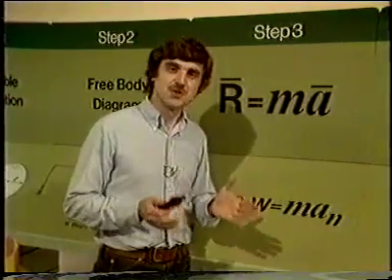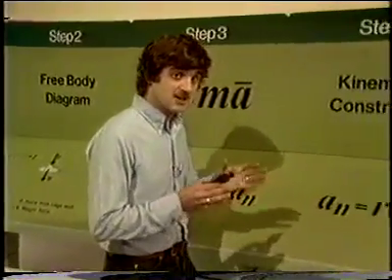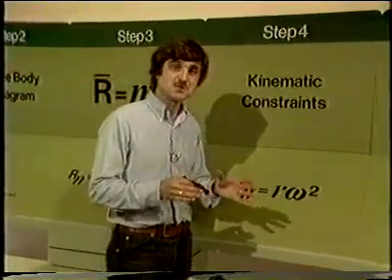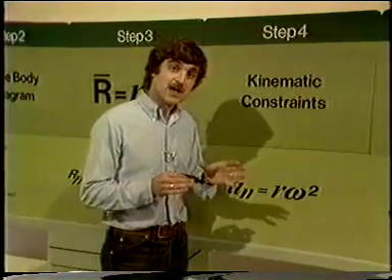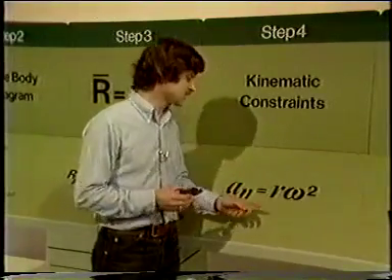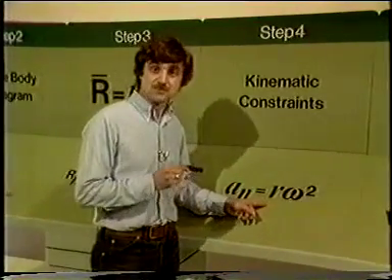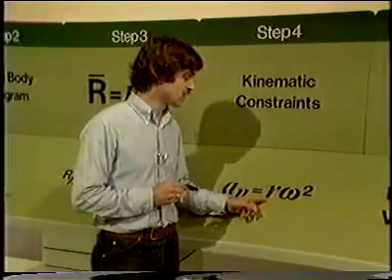But what is this normal acceleration that he experiences? Well, we know that a point moving on a circular path will experience a normal acceleration towards the center of rotation, and that normal acceleration, or centripetal acceleration, is given by the product of the distance to the center of rotation and the square of the angular velocity, r omega squared.